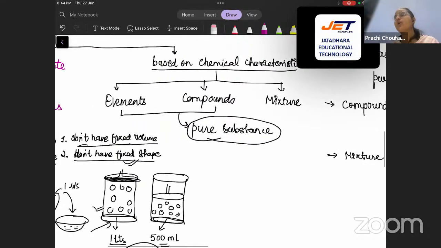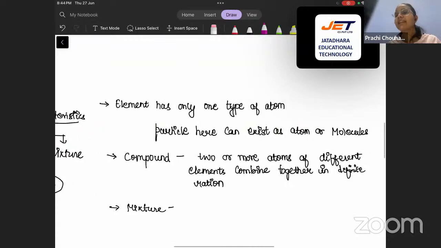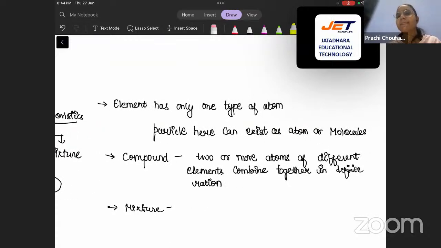I hope you all now know the definitions of elements and compounds. I can see in the chat that most of you know how we define these terms: element, compounds, and mixtures. So how will we define an element? Elements have only one type of atom.